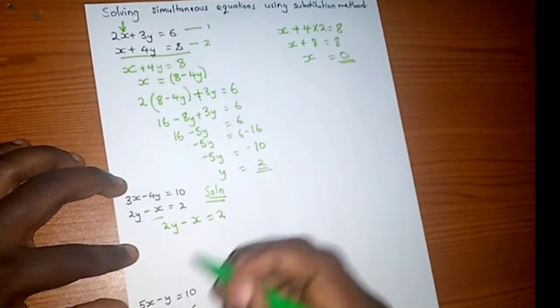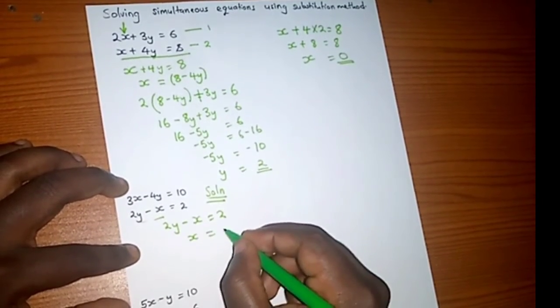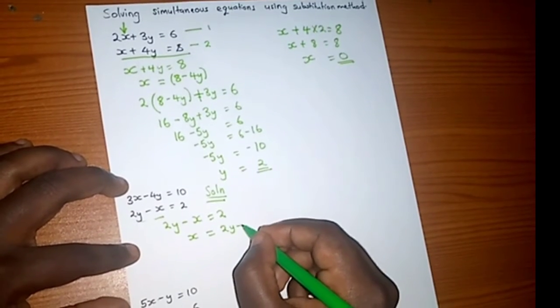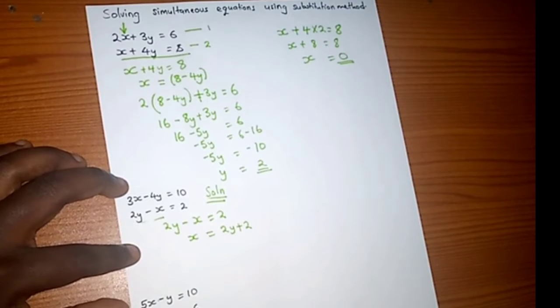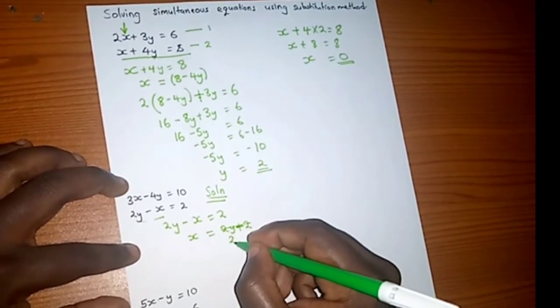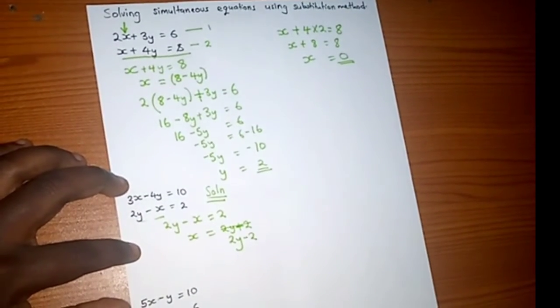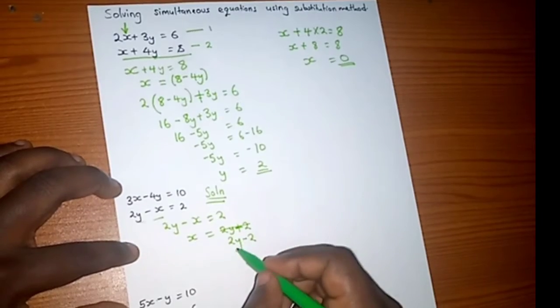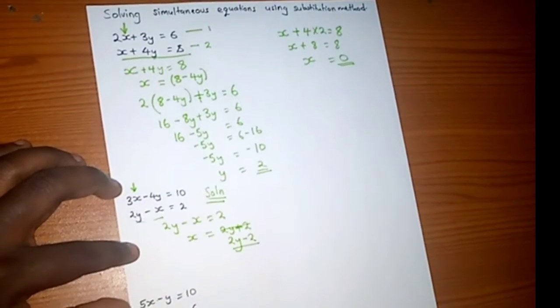If I make x the subject of the formula, I'm going to have x equals 2y minus 2.